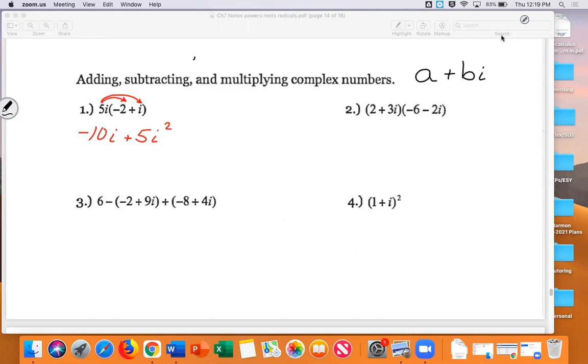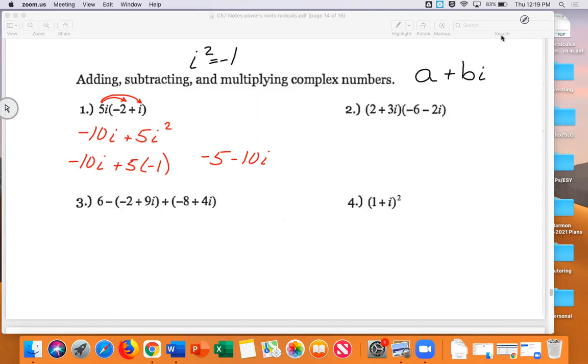So instead of writing i squared, I'm going to write negative 10i plus 5 times negative 1. Now this looks more like a plus bi. So my answer would be negative 5 minus 10i. Does everybody see that?